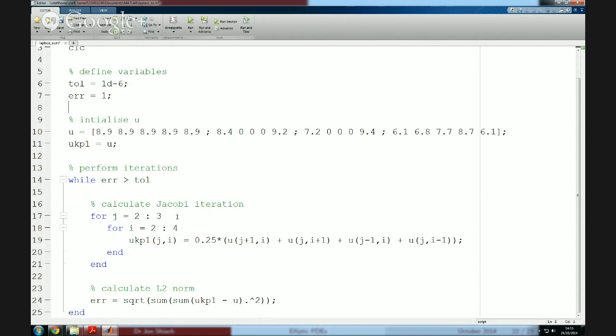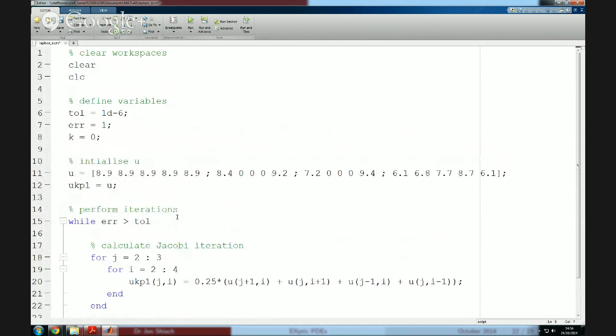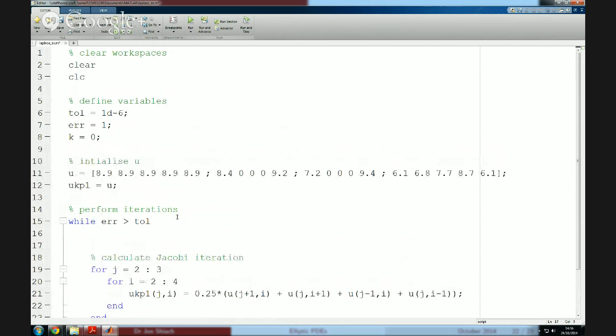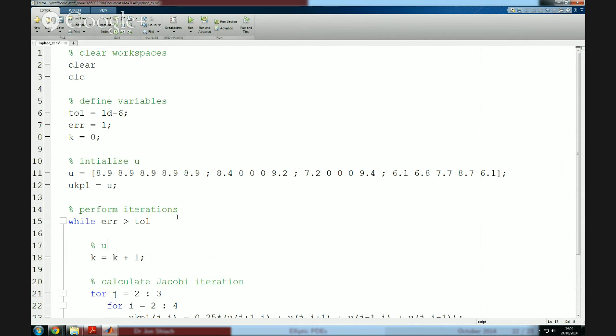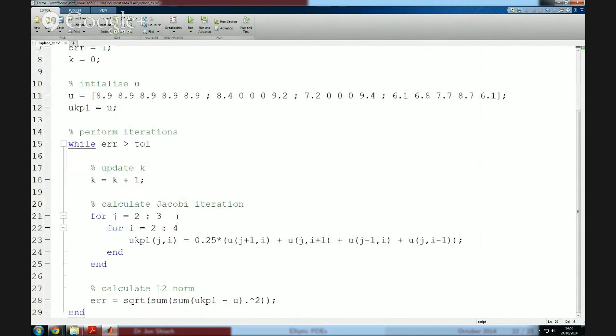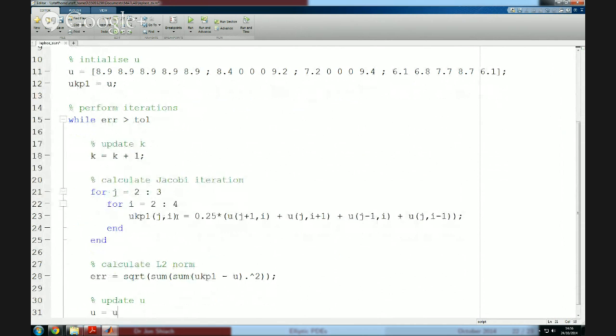I'm going to start off with k equal to 0, and whenever I perform an iteration, I'm going to say k equals k plus 1. That'll allow me to keep track of the number of iterations I'm using. So I'm going to say update k. What I also have to update, if I go to the bottom, is u. So u becomes our improved estimate.